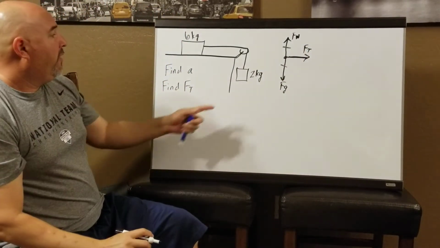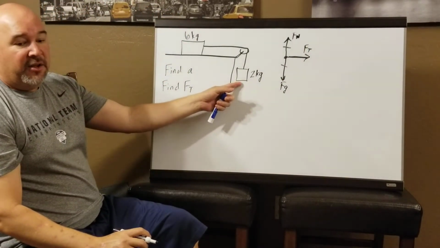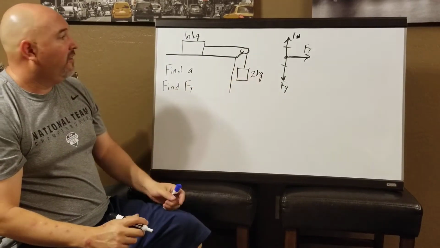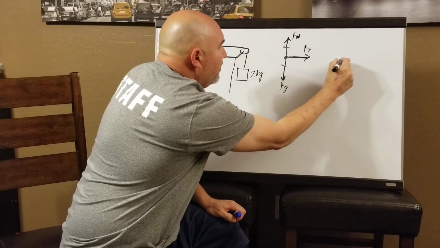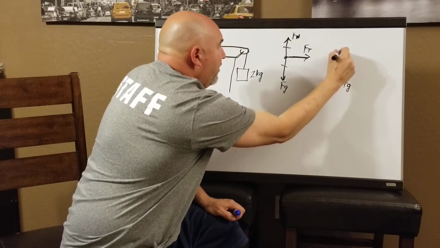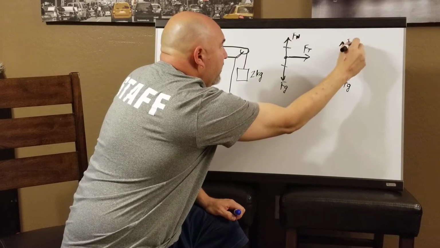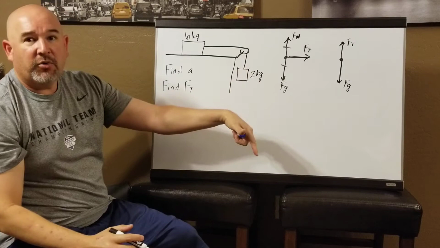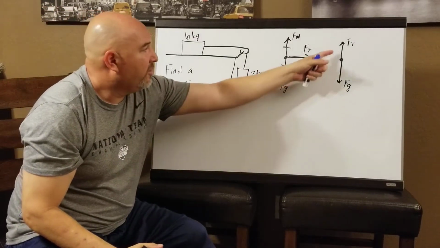I also have this block, and for this particular block, we have just an FG and an FT. So I'm going to have this FG here that's going to come down like this, and then I have an FT up this way, and they're not balanced because this is going to accelerate downwards. So this is longer than this force here.